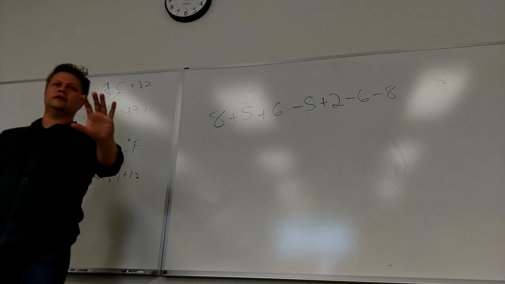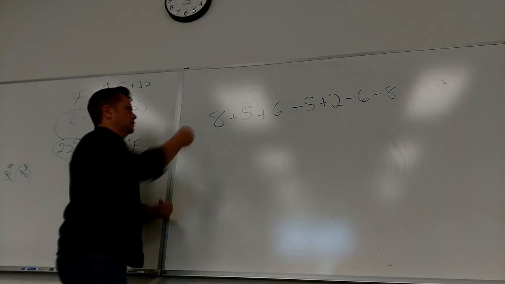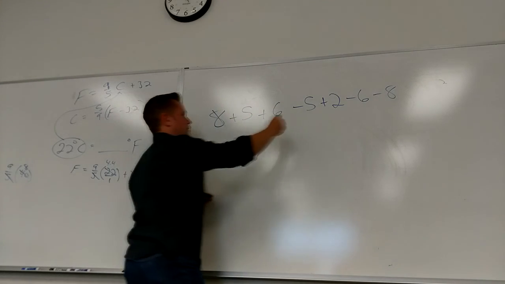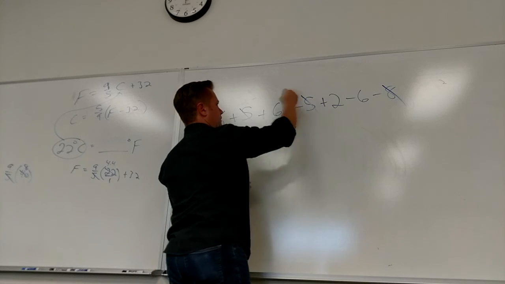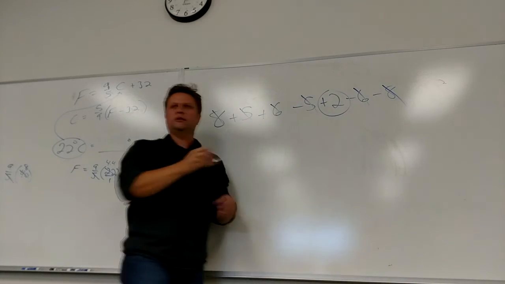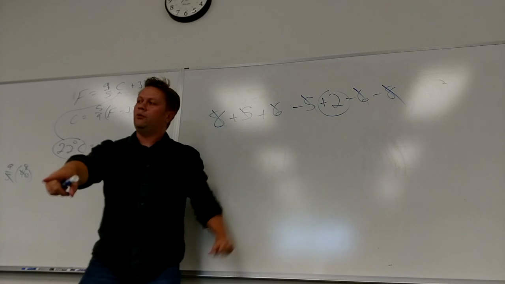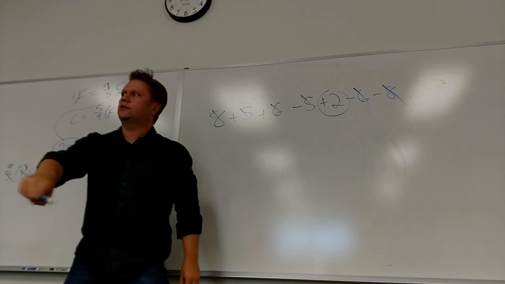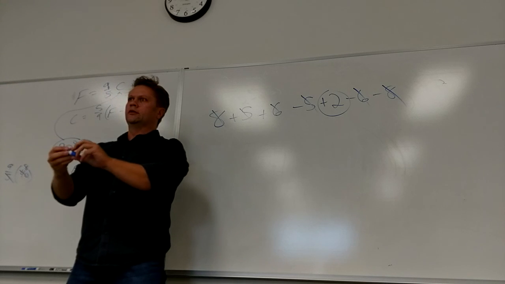All commutativity says is I can move individual things around. So what happens with 8 and minus 8? Gone. 5 and minus 5. 6 and minus 6. So the answer is 2. Don't start going 8 plus 5 is 13 plus 6 is that. The whole point of all those problems is look for things that will cancel.